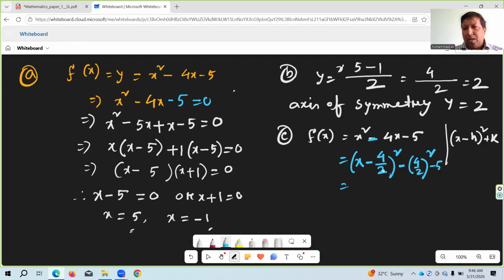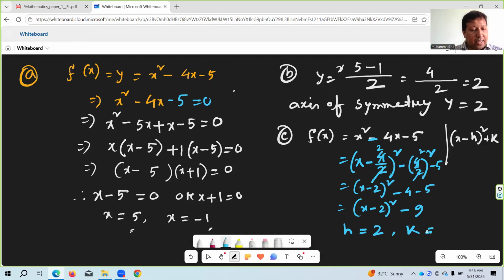So 4 and 2 simplify, and it will be (x minus 2) whole squared. 2 squared means 4, minus 5. So (x minus 2) whole squared minus 9. So h equals 2 and k equals minus 9.